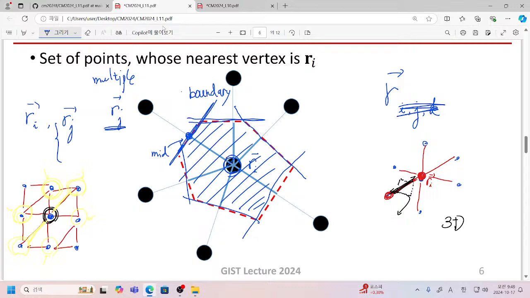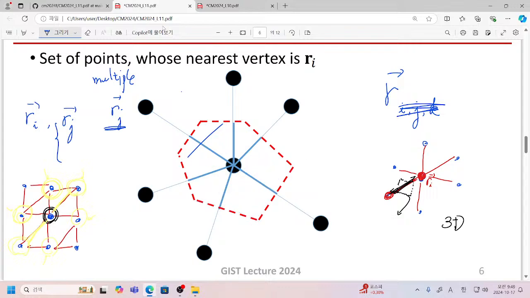Okay, so this is the way we calculate this omega sub I. Of course, it has its name, and this is the Voronoi diagram.